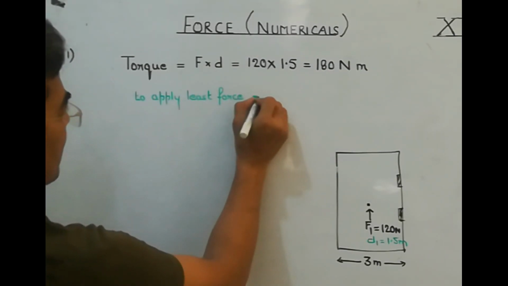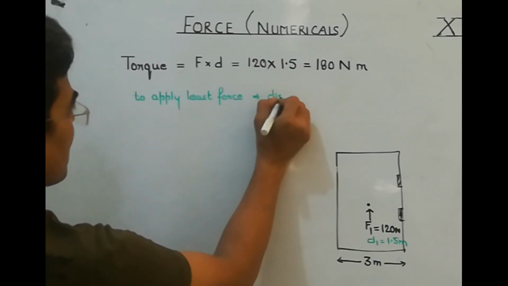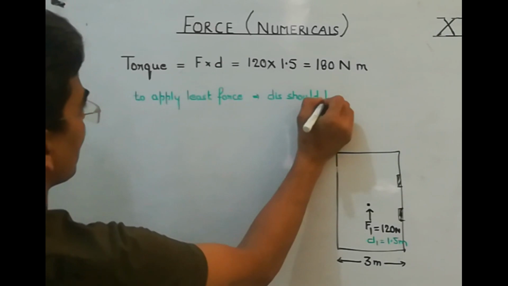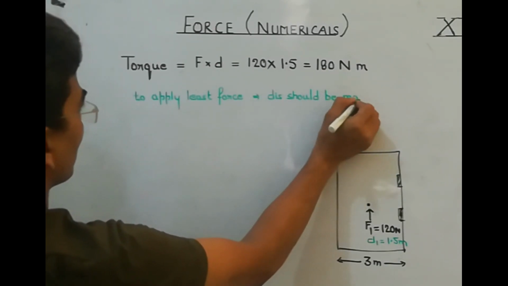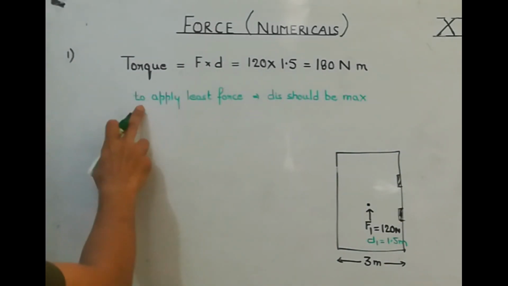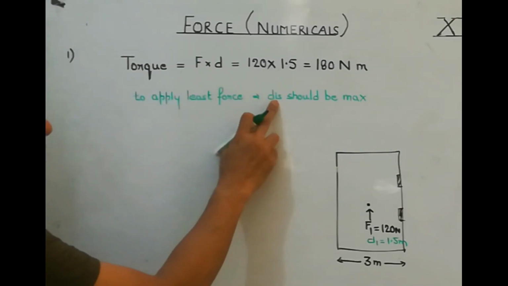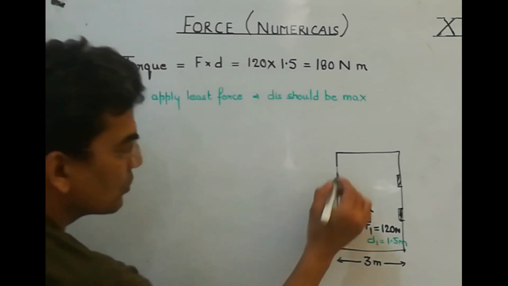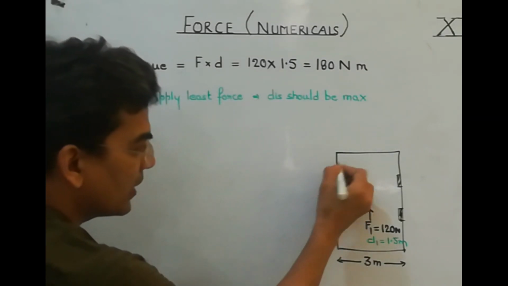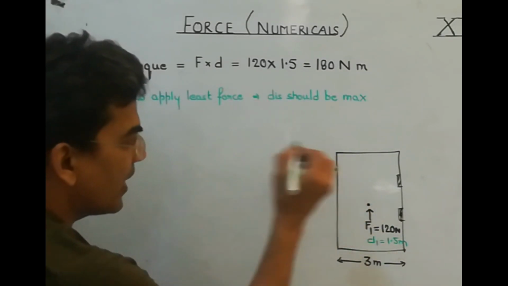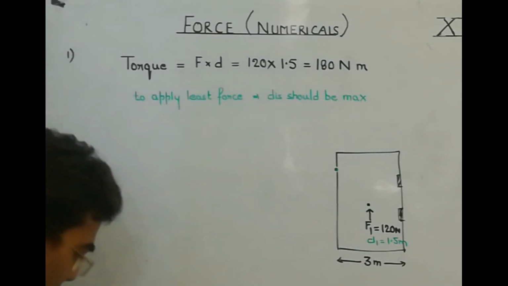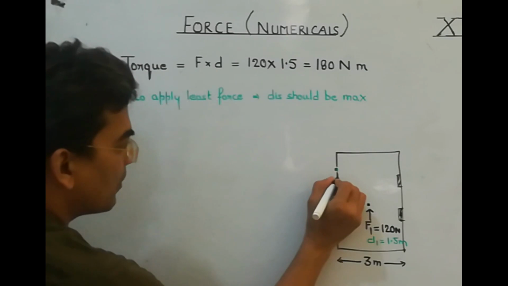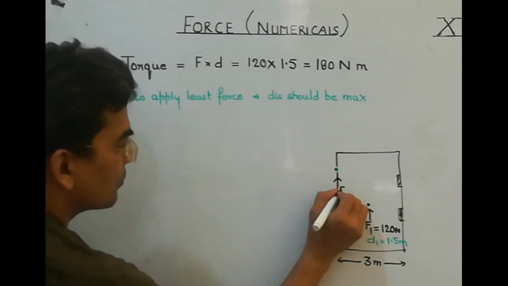So for that, distance should be maximum. Question says he has to apply least force, and for that distance should be maximum. So that means in case 2, he will be applying the force at this end only. He will apply the force at the end of the door. So here you will apply the force F2.